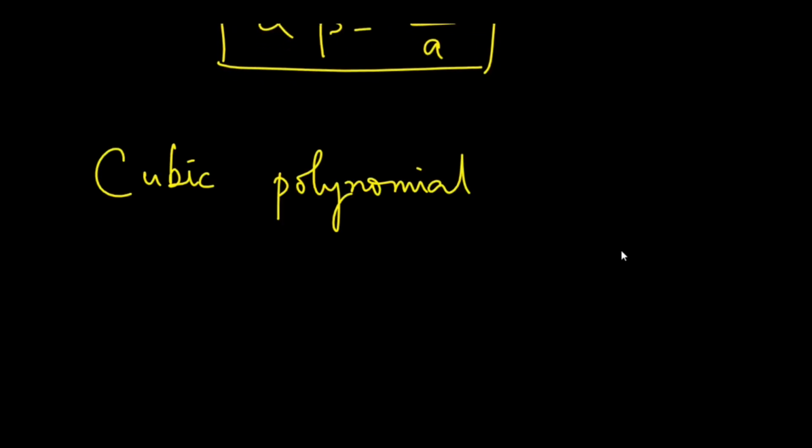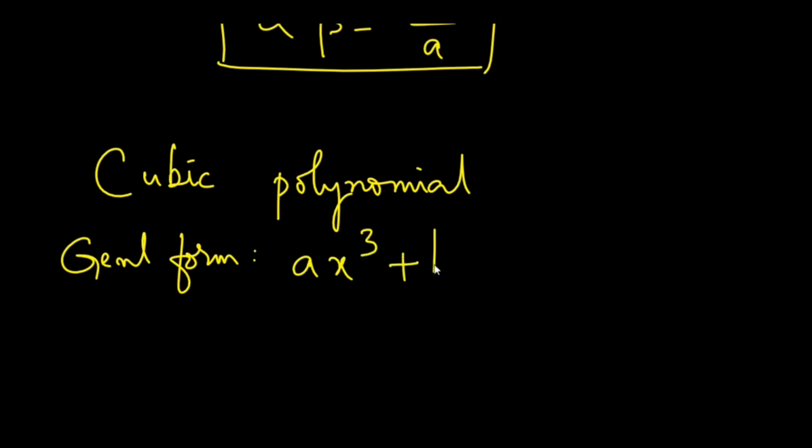We can obtain the relationship between zeros and coefficients of a cubic polynomial in the same lines as we got them for linear polynomial and quadratic polynomial. The general form of a cubic polynomial is ax cube plus bx square plus cx plus d.